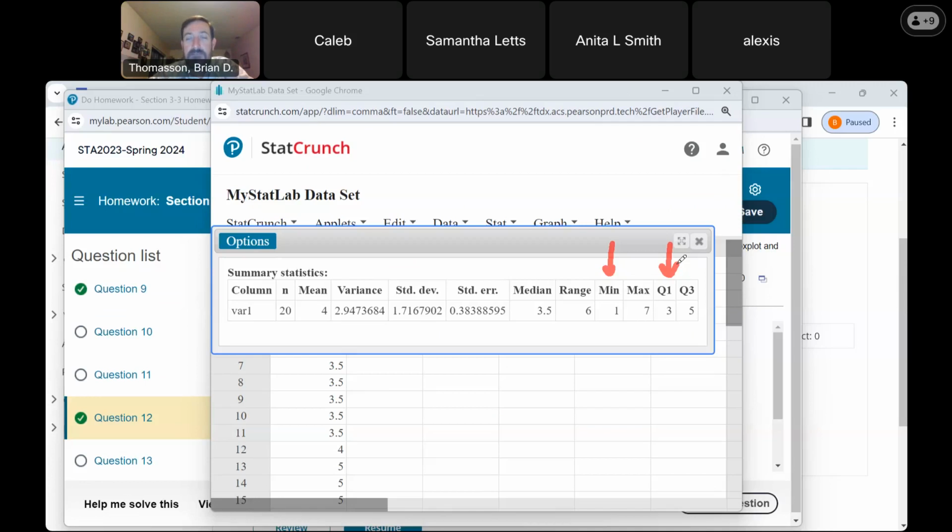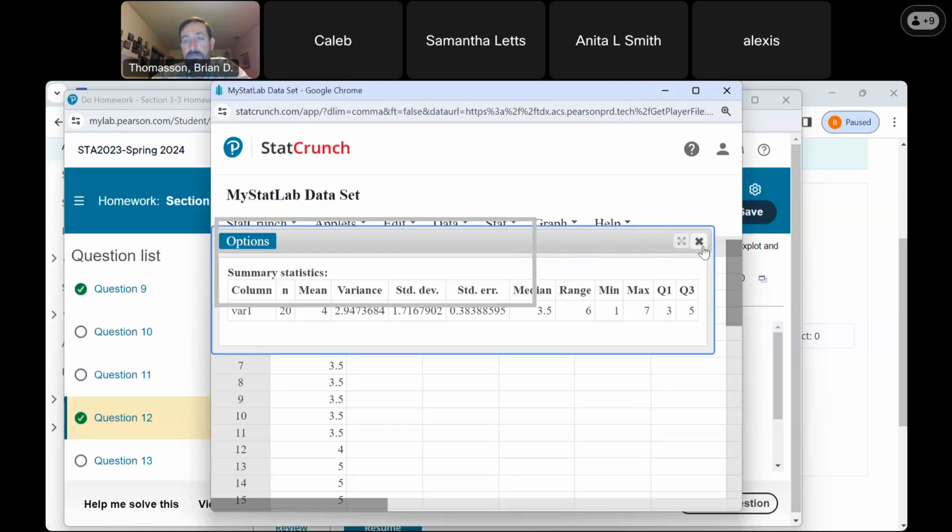Median, yes. So this is Q2 just hidden under a different name. Remember, Q2 is 50% below, 50% above, the middle number, which is the median, and also P50. So P50, Q2, and median all mean the same thing. If you can't find Q2, it's just under the name median. And then we, of course, have Q3 and the max. So we have our 5-number summary there.